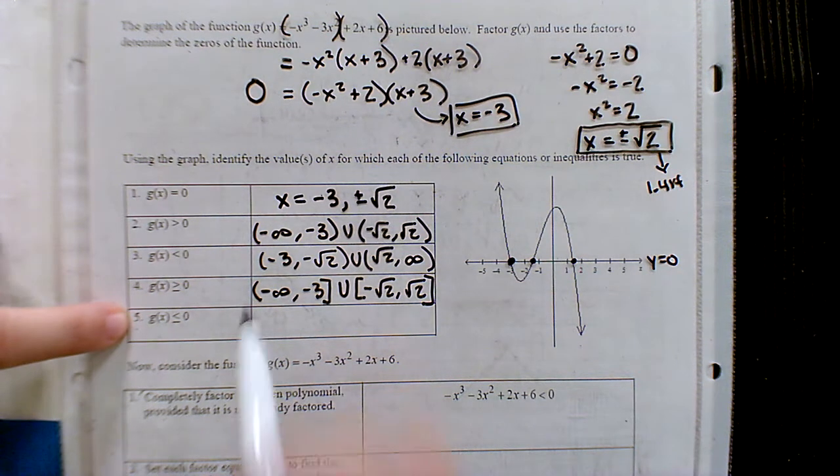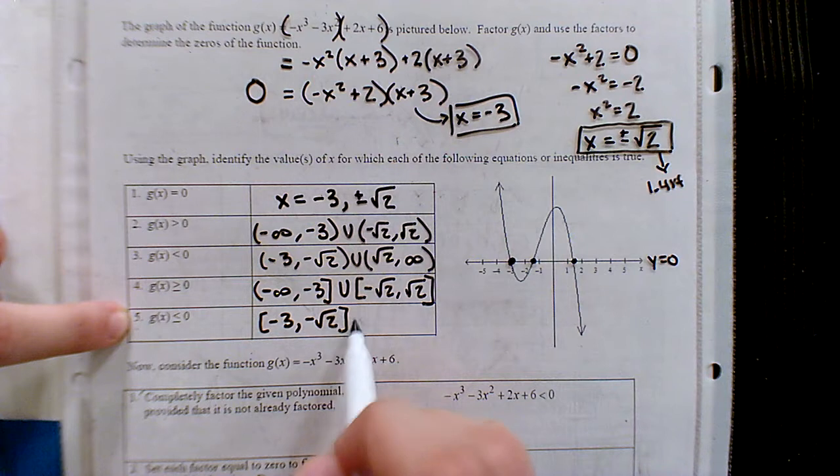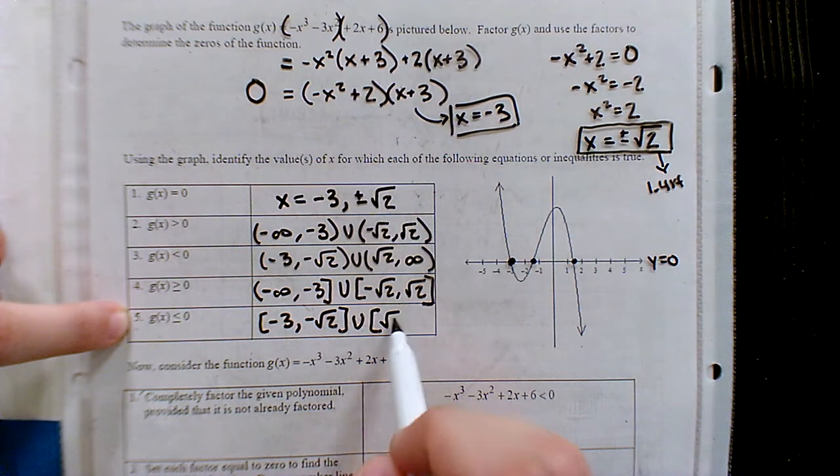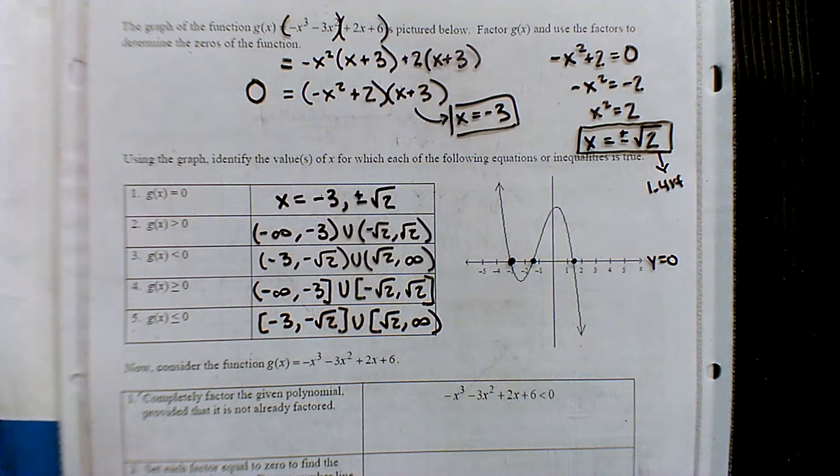And then for 5, we can bracket the -3 and negative square root of 2 and then the positive square root of 2. Okay, so we're basically taking the previous intervals we found, but just including those x-intercepts because we have that bar. Okay. So we know that these intervals are correct based off the graph that we have.